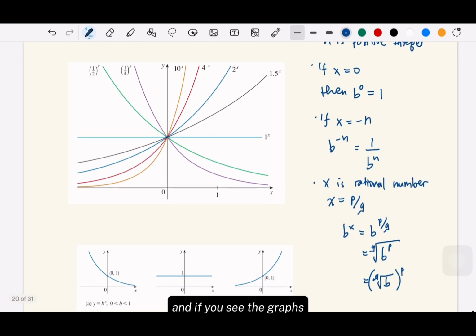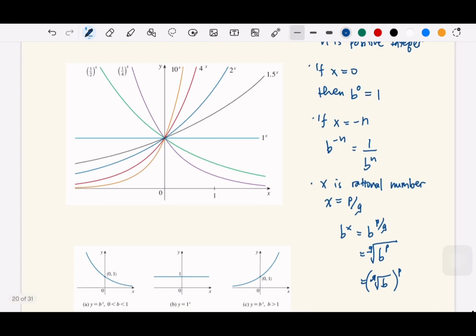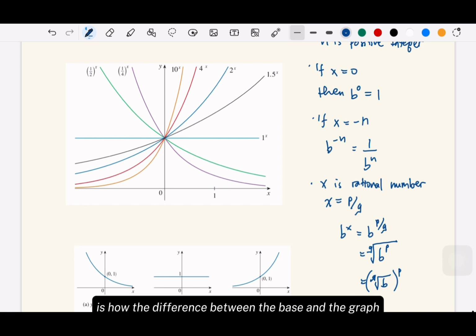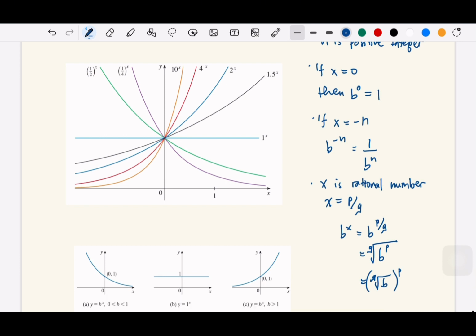And if you see the graphs, you see the difference between the bases and the graphs. Interestingly, all the curves will cross this point. Let me rename this: this is a family of functions y equals b with power of x.